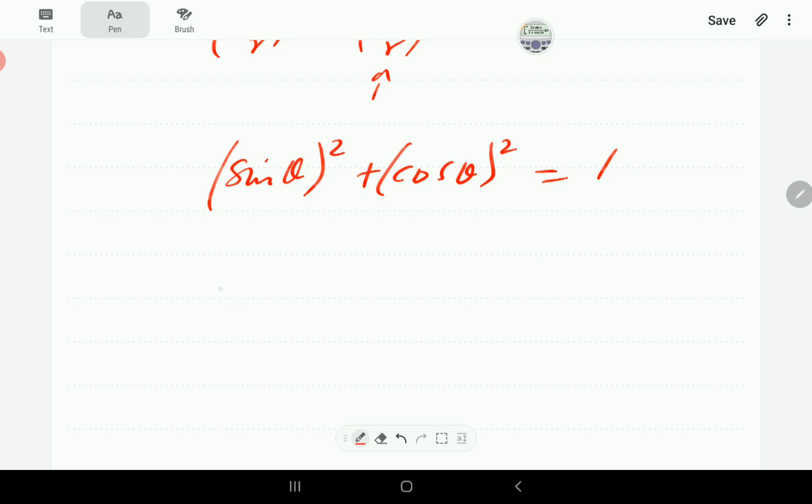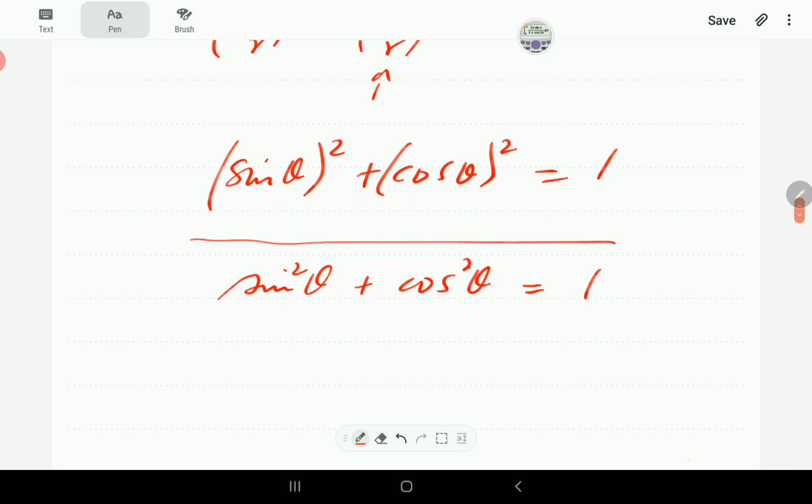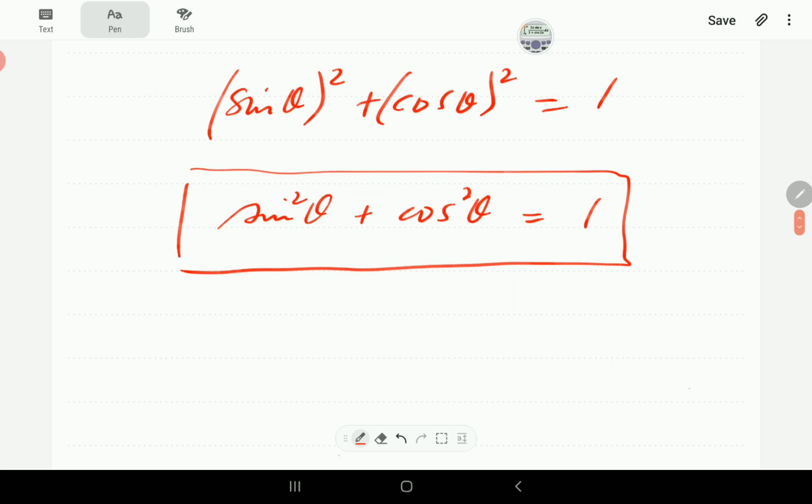So notationally we write sine theta all squared like this and cosine theta all squared like that. So this is called the fundamental identity of trigonometry.